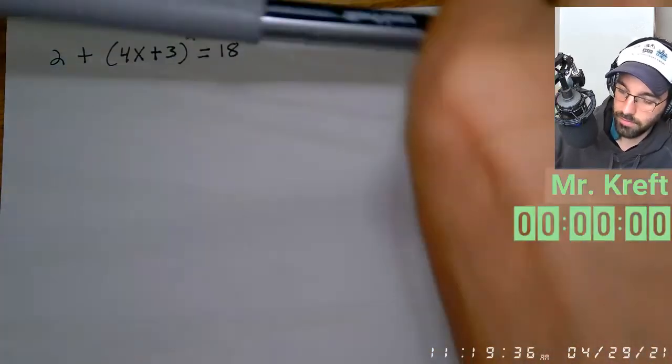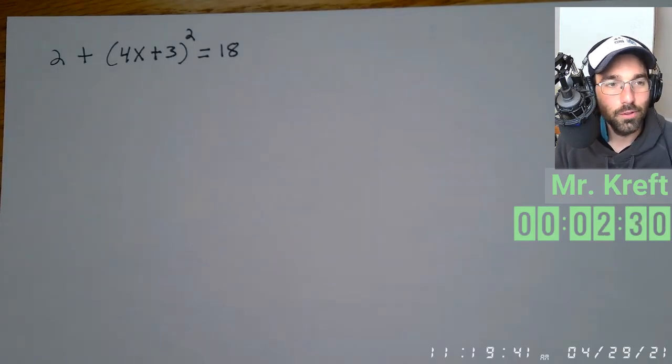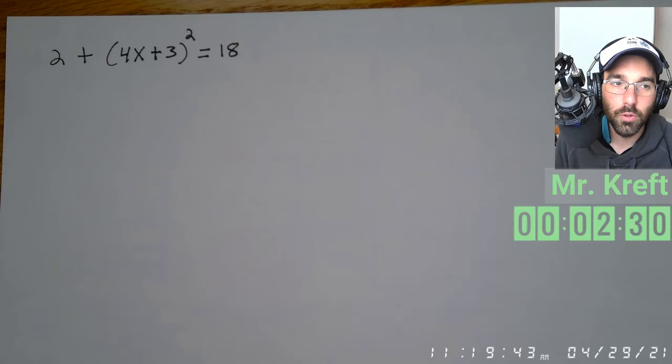Okay, so I'm going to have you guys solve that one. I'm going to give you guys, again, 2 minutes and 30 seconds. So it's 2 plus the quantity of 4x plus 3 squared, and then equals 18. So let's see what you guys get.